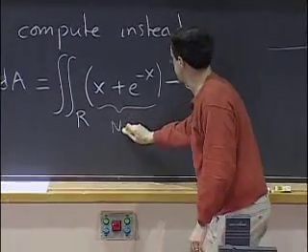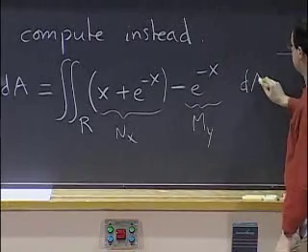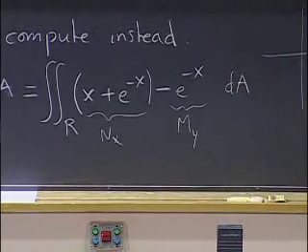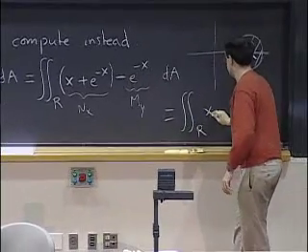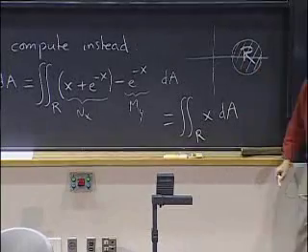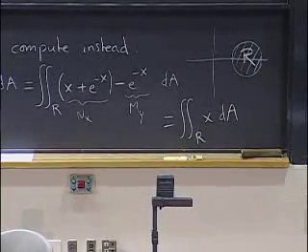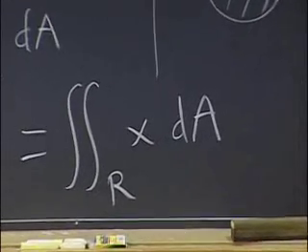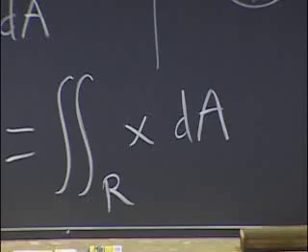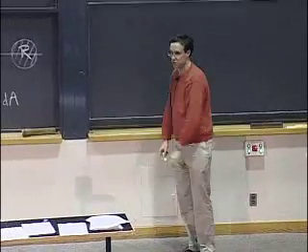This is n_x minus m_y, this is my dA. Well, it seems to simplify a bit, right? I will just get the double integral over R of x dA, which looks suddenly a lot more pleasant. And of course, I made up the example in that way, so that it simplifies when you use Green's theorem. But that gives you an example where you can turn a really hard line integral into an easier double integral.